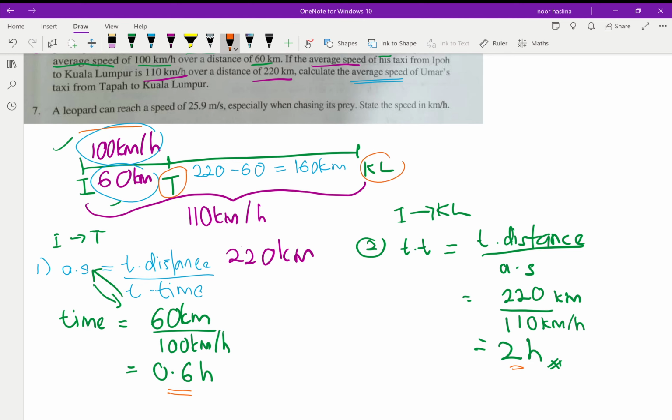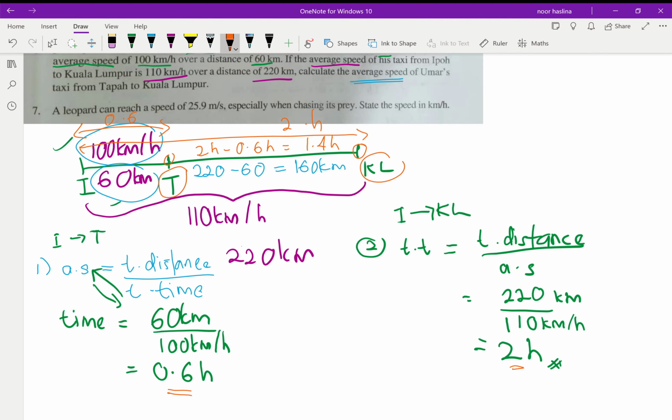From Ipoh until Kuala Lumpur is 2 hours, so from Tapah to Kuala Lumpur is 2 hours minus 0.6 hour. So this becomes 1.4 hours.